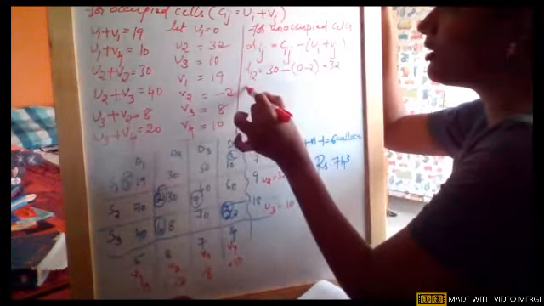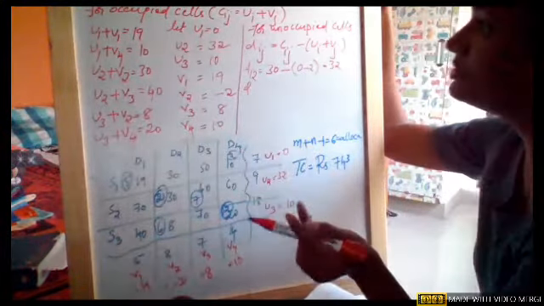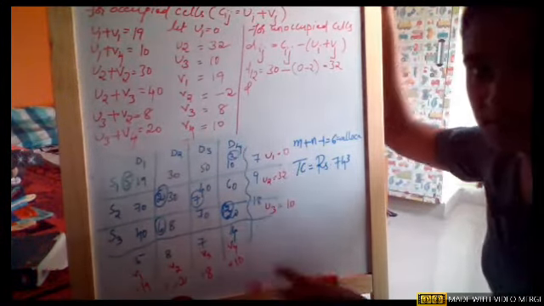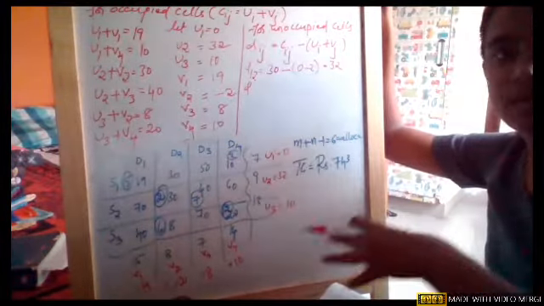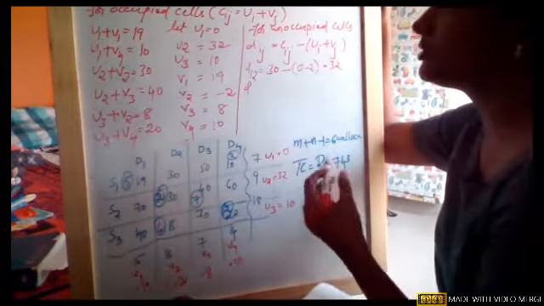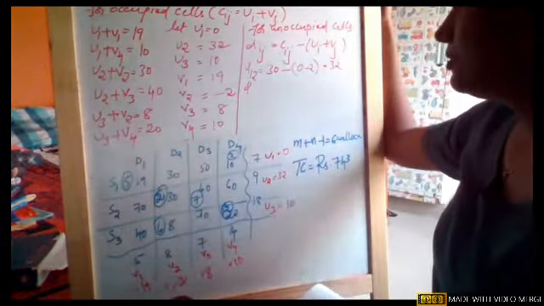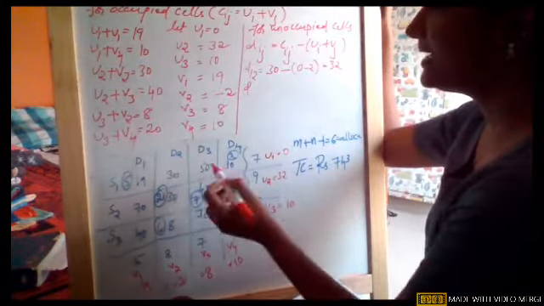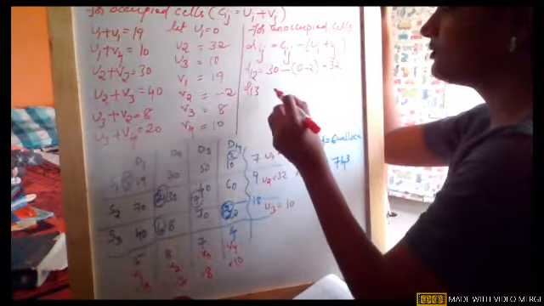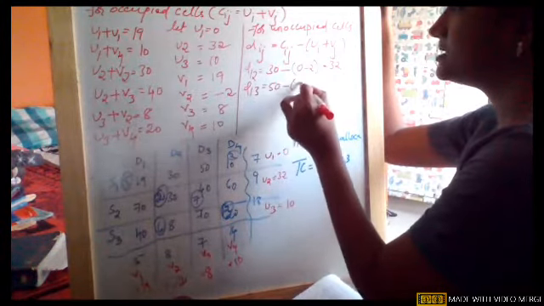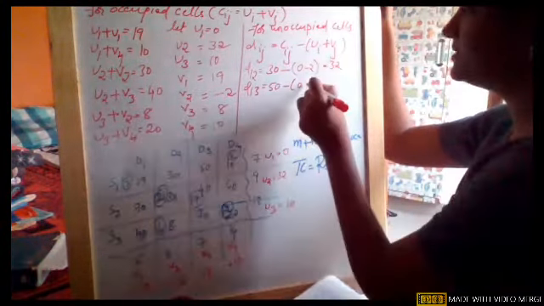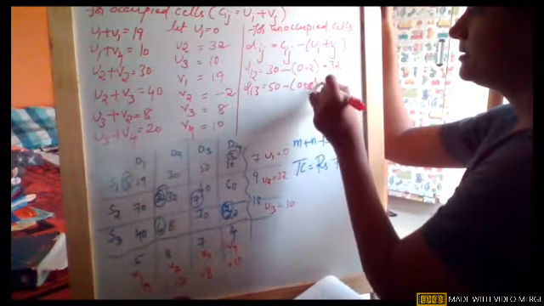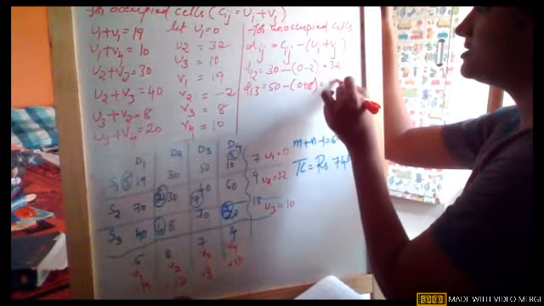Now you need to check that all these values must be greater than 0, then only you are at optimal. If not, you need to redo the entire process: construct the loop and so on. It continues. The next unoccupied cell is D13. So 50 minus 0 plus V3, which is 8, so 50 minus 8, which is 42.